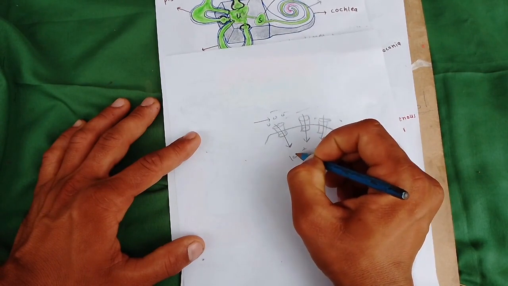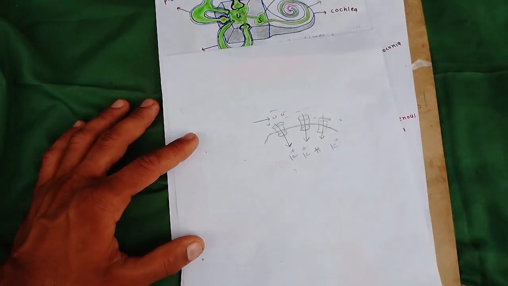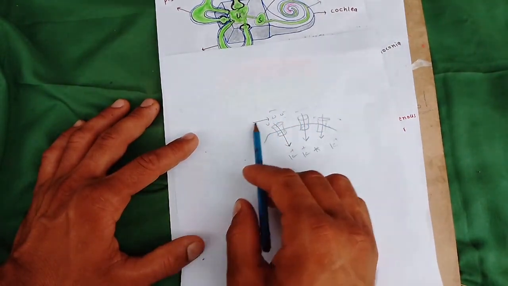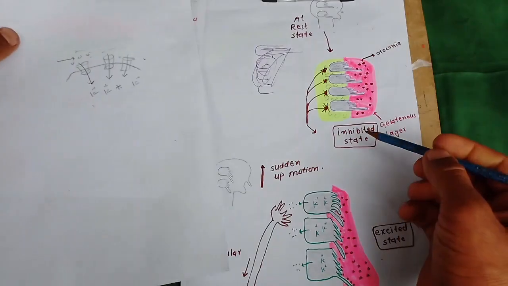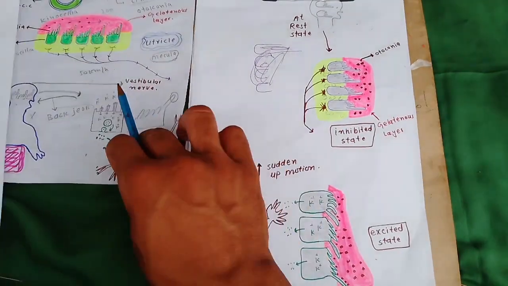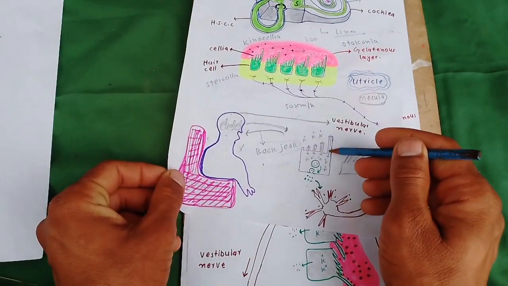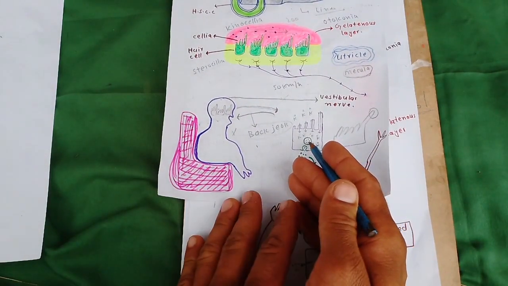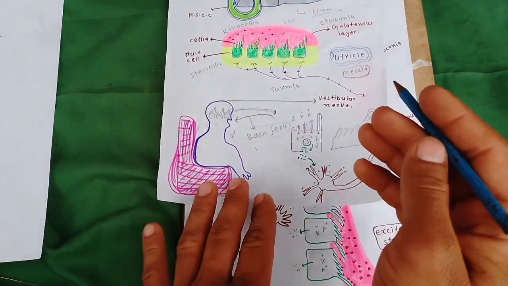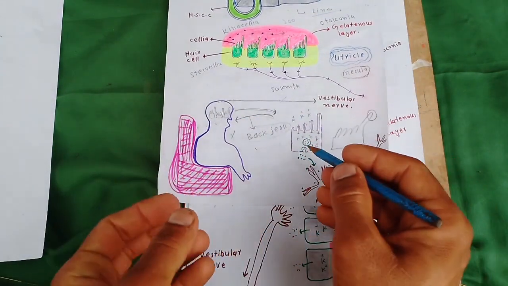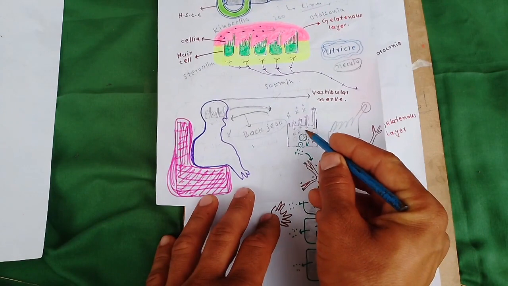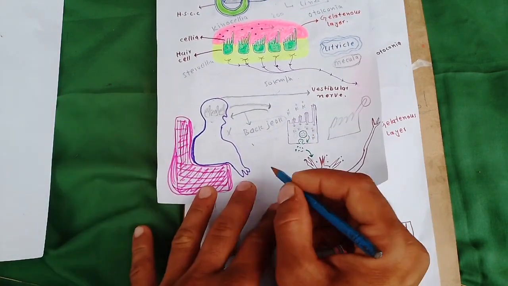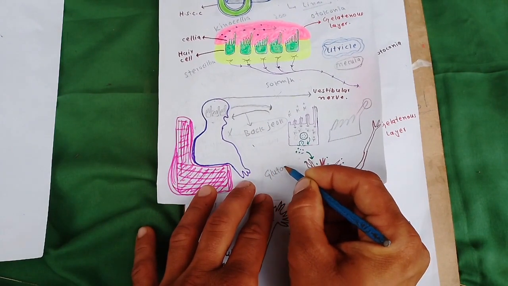Potassium goes inside the cell from this endolymph area, this gel-like membrane. Inside this cell are many vesicles, and this vesicle is filled with glutamate or glutamic acid.